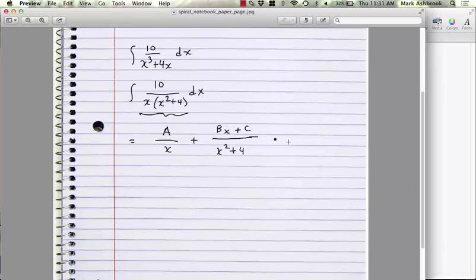Okay, so then what does that equal? That equals ax squared plus 4 plus bx plus c times x all over our common denominator, x times x squared plus 4.